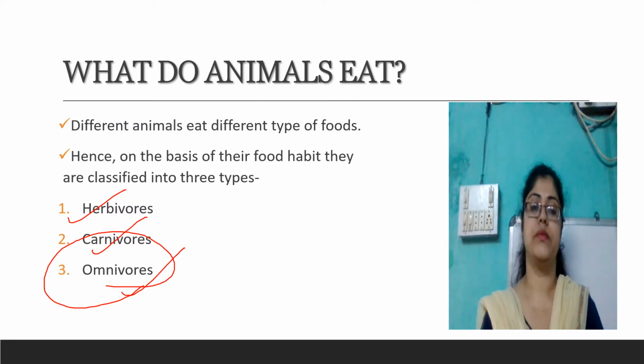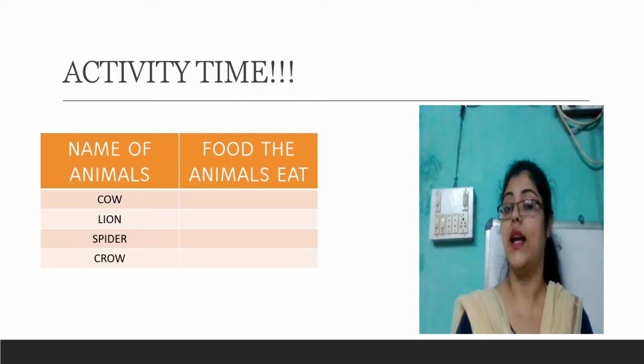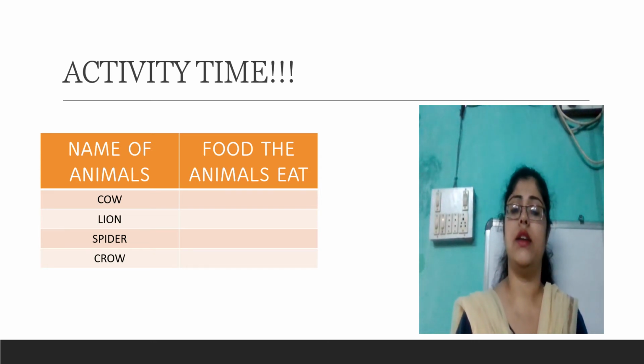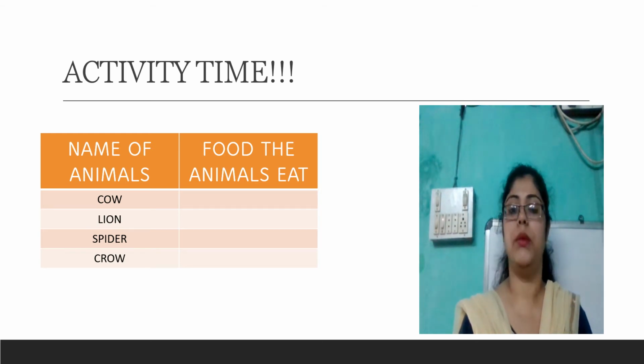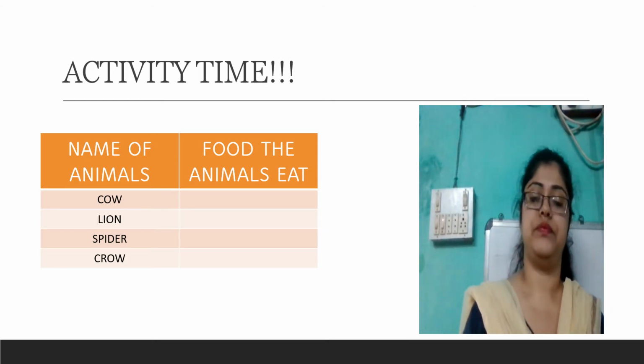Okay class, very good class. With this we have one more activity time. Here are some names of animals. You have to simply write down in the comment section what their food habits are. Does the cow come under herbivore, carnivore or omnivore? Write the initial letter of the name.